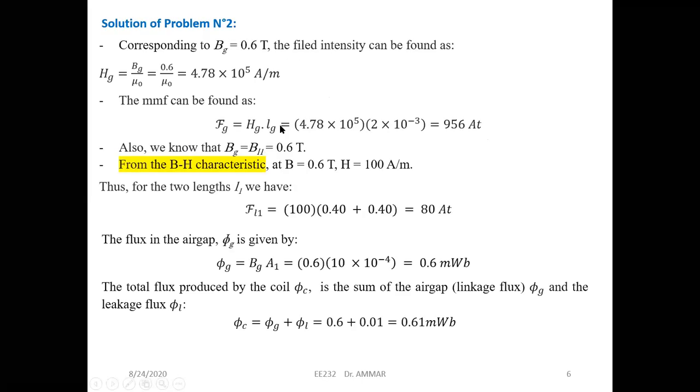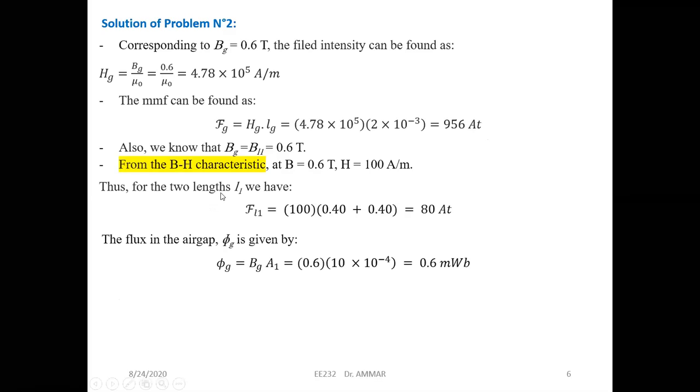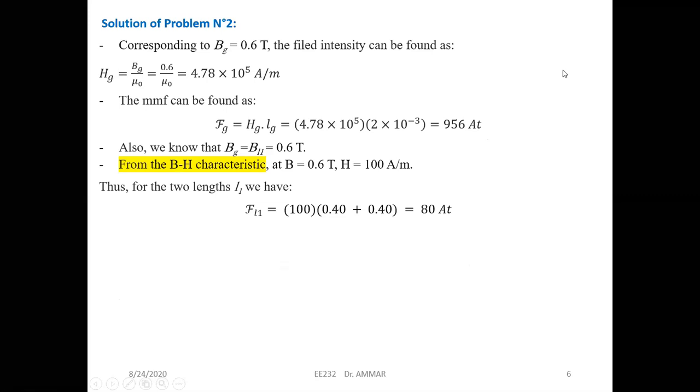Why here are we using the total flux? Normally it's the linkage flux here, not phi c.